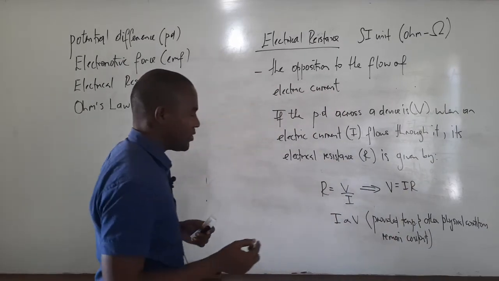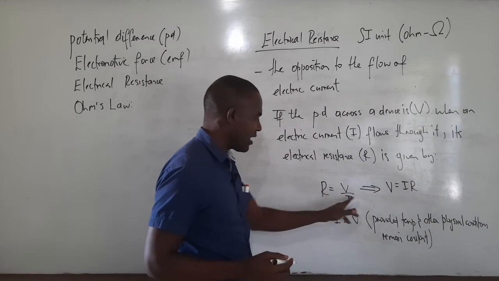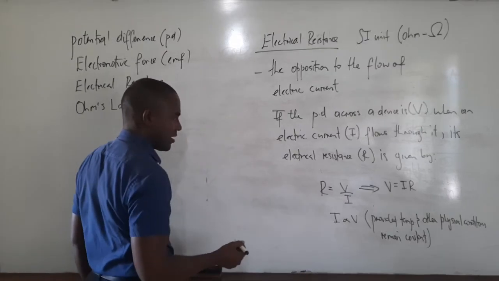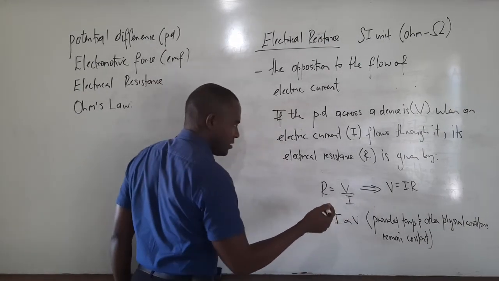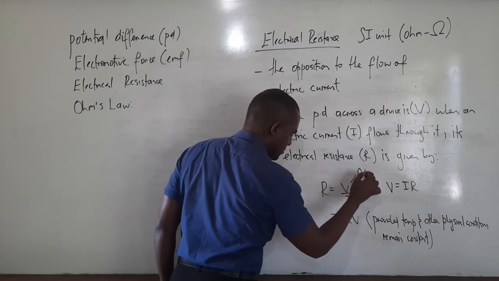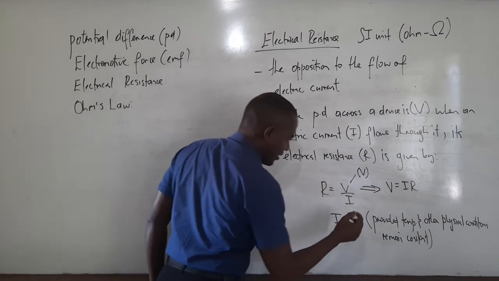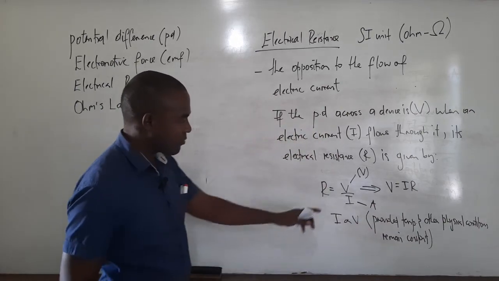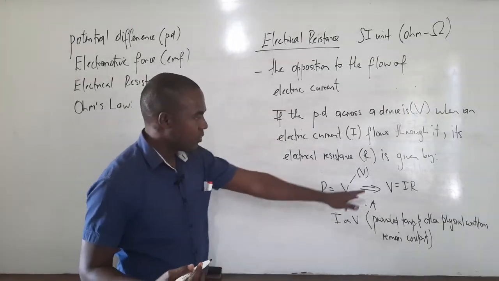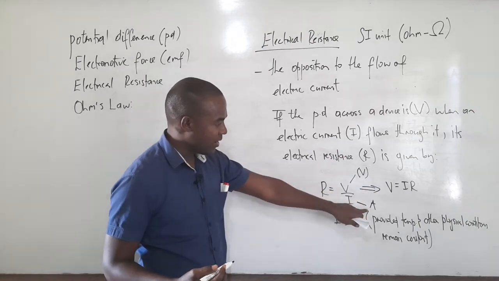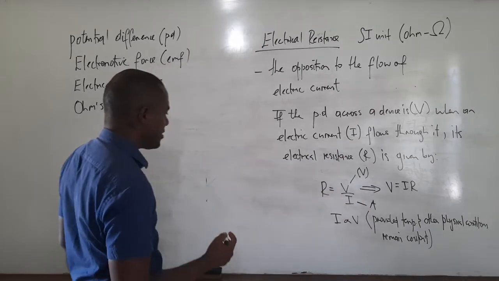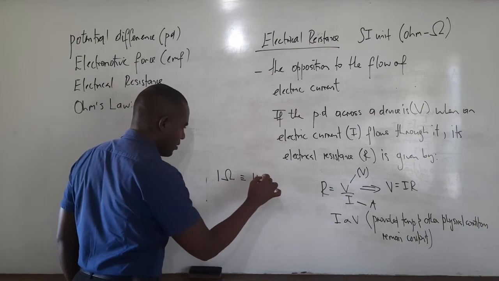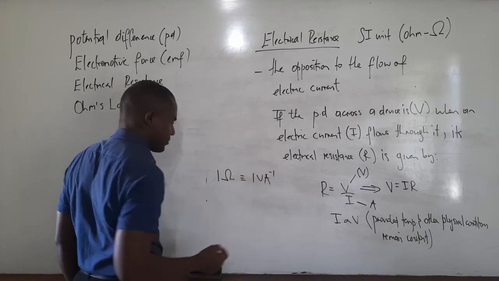So if you look at the equation to calculate resistance, R equals V over I. The SI unit of PD is the volt. The SI unit of electric current is the ampere. And so in calculating resistance, to get the units, we divide volts by amperes. And so what we basically see is that 1 ohm is equivalent to 1 volt per ampere.